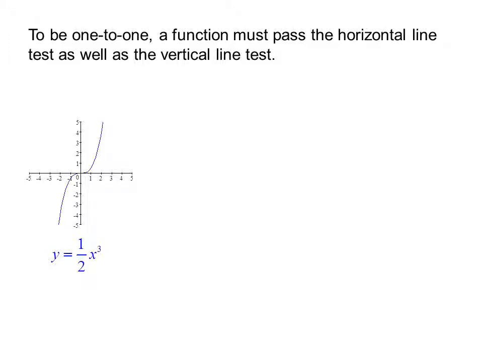For example, y equals 1/2 x cubed passes the horizontal line test because there is no place you can draw a horizontal line and hit the function more than once. So it is 1 to 1.